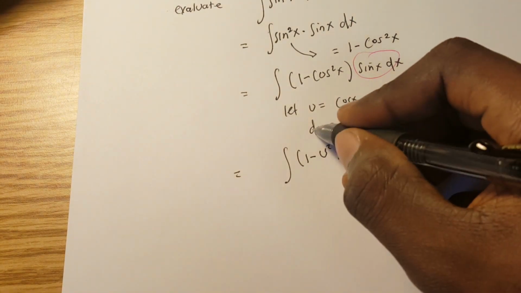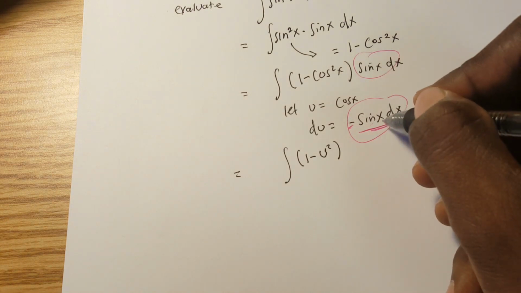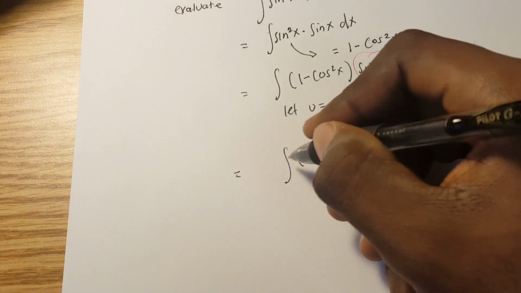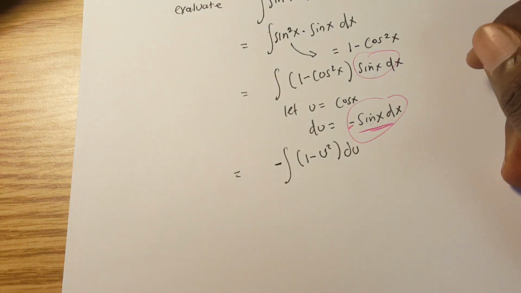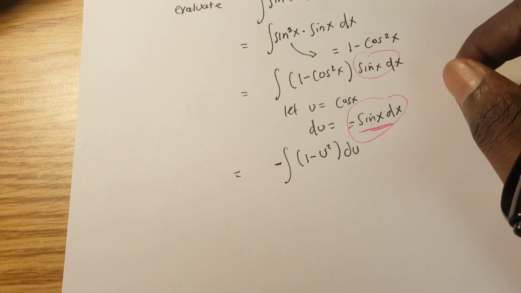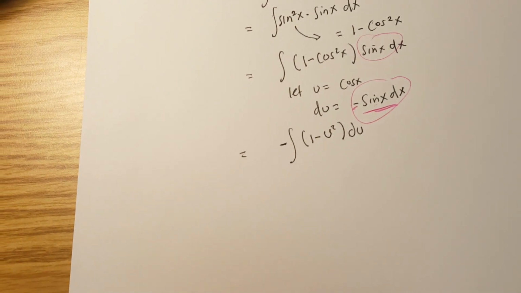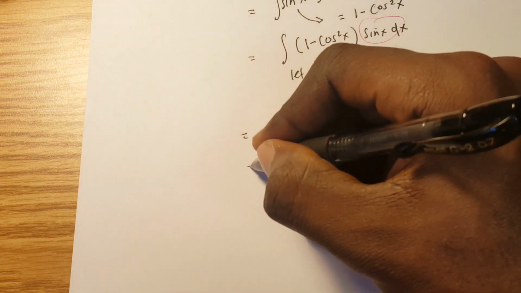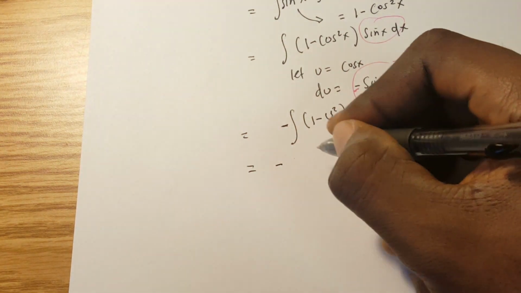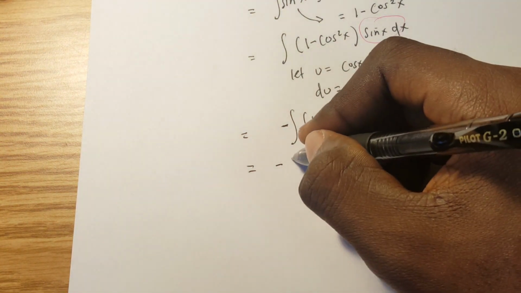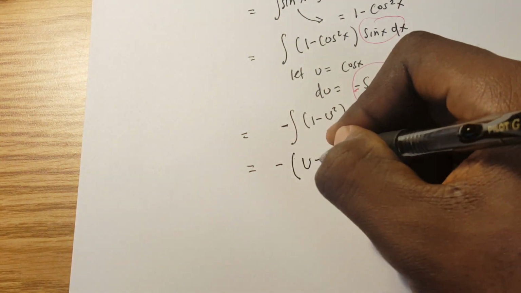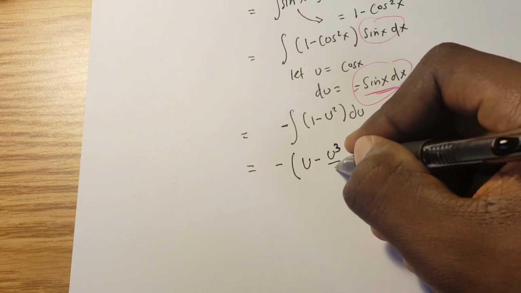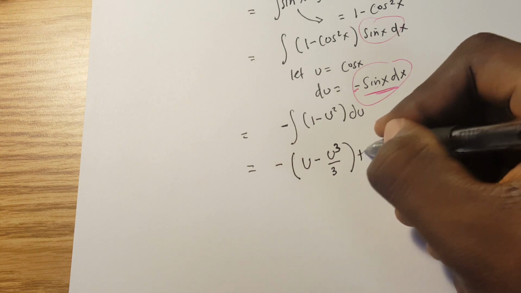Then we bring our du to replace that, and we bring the minus up in front. Now this is like any other integral that we've done. You just have to integrate these, and that will basically give us u minus u to the third over 3 plus c.